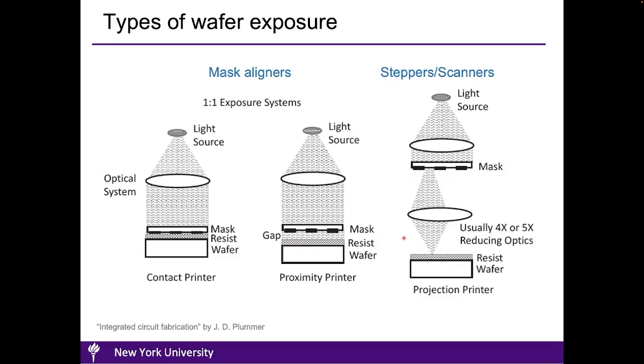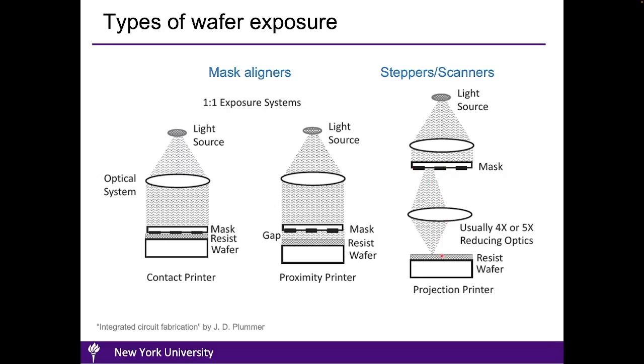The dominant method of wafer exposure today is projection printing. These systems provide high resolution without the problems of wafer and mask damage. In projection exposure tools, the mask is typically separated physically from the wafer, and an optical system is used to image the mask onto the wafer.